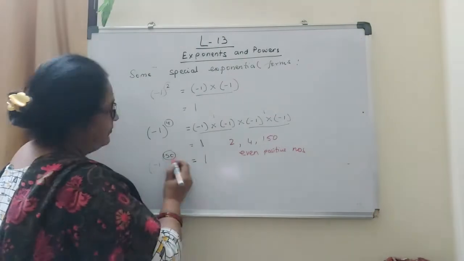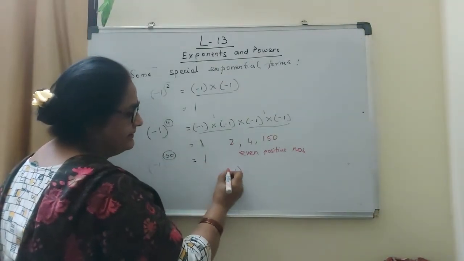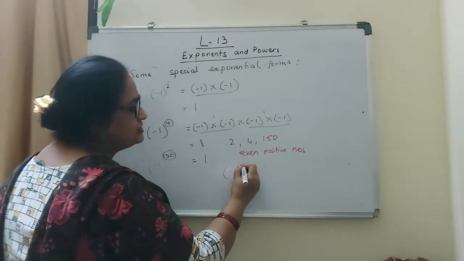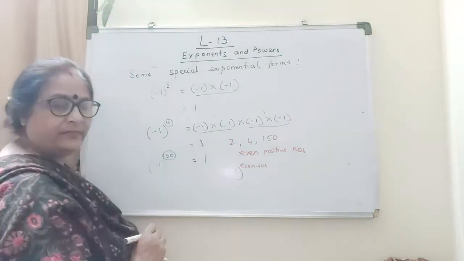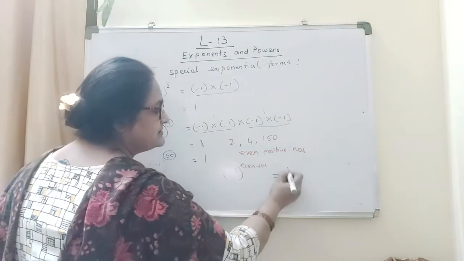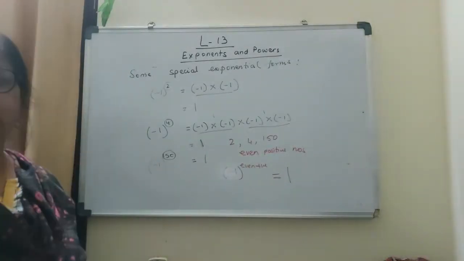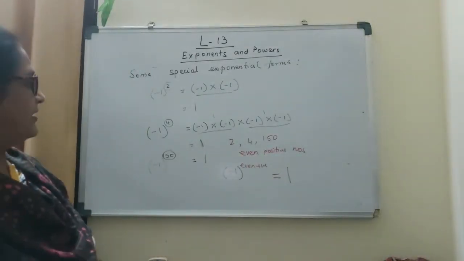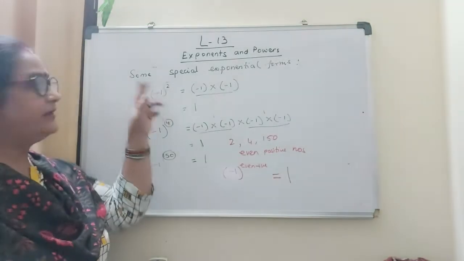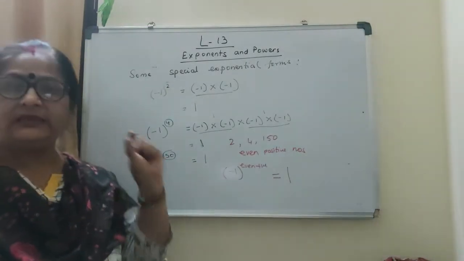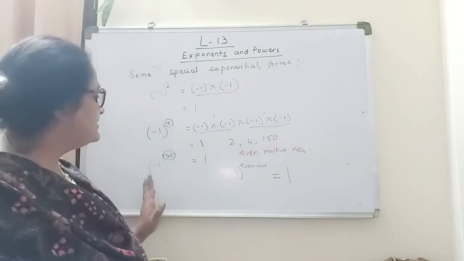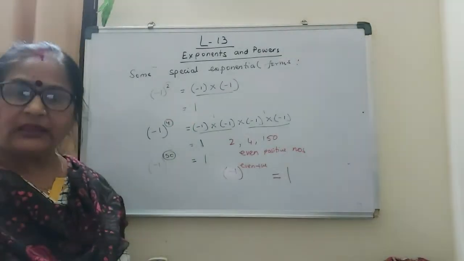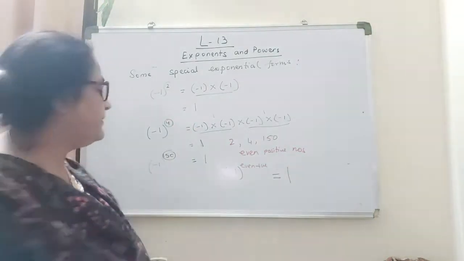Now, if minus 1 is raised to an even positive number, then the answer is always positive 1. Negative 1 raised to an even positive number, the answer will always be 1.